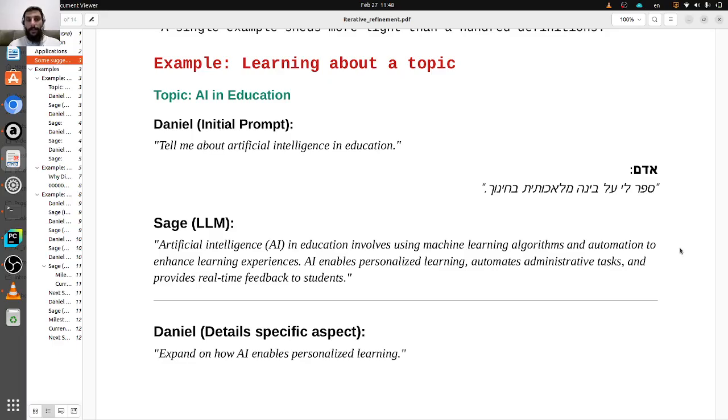Here we see that Daniel starts the conversation with a simple and straightforward prompt where he asks Sage to tell him about AI in education, and Sage responds by providing a compact and general description of this topic.